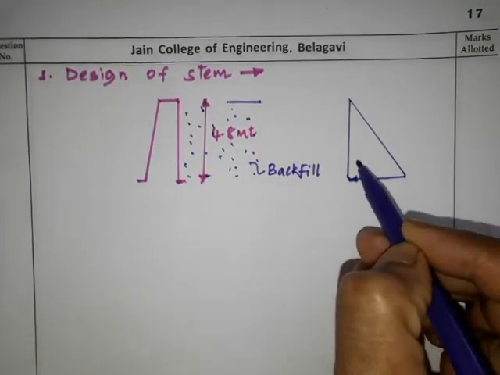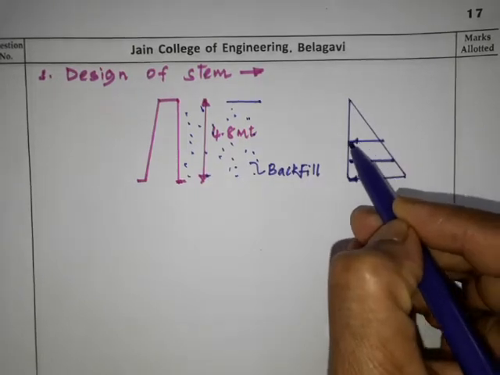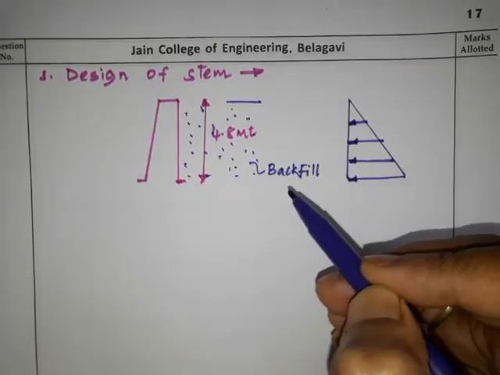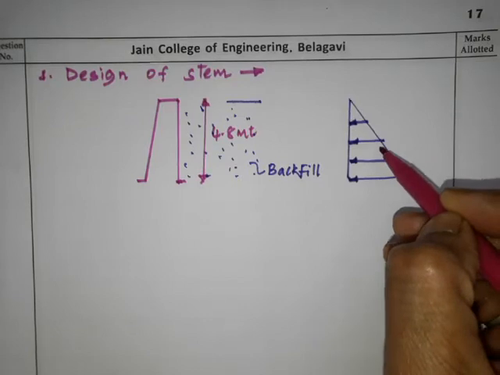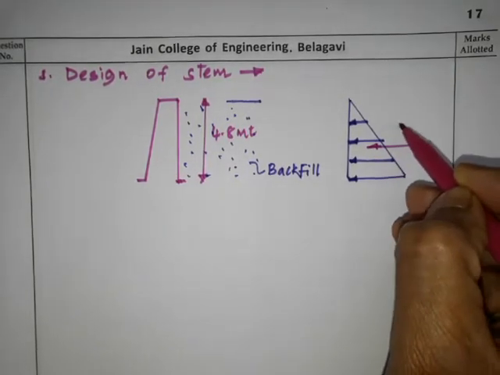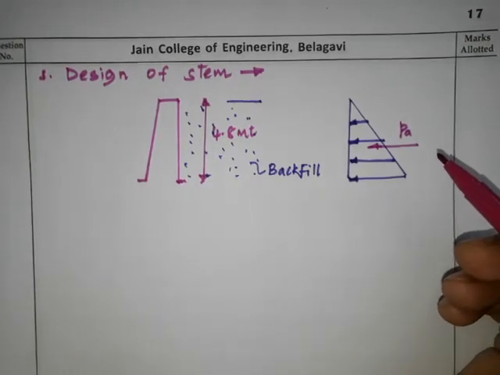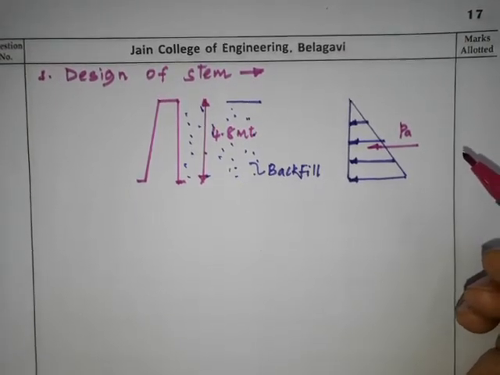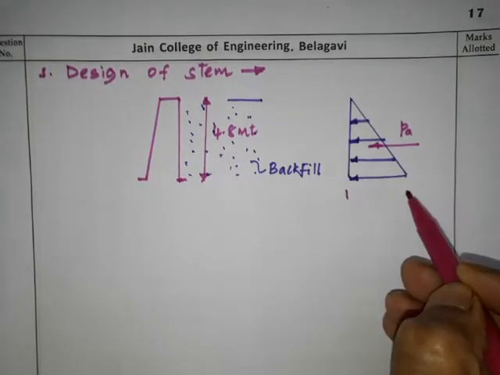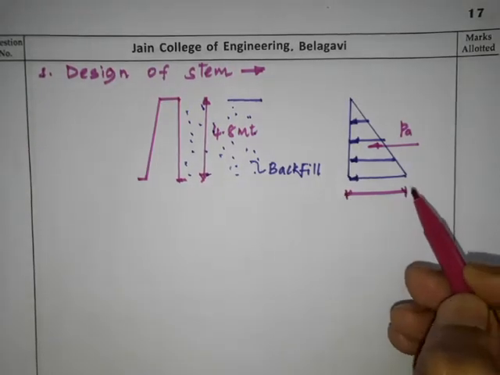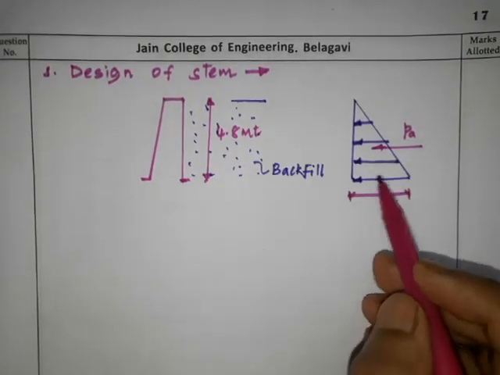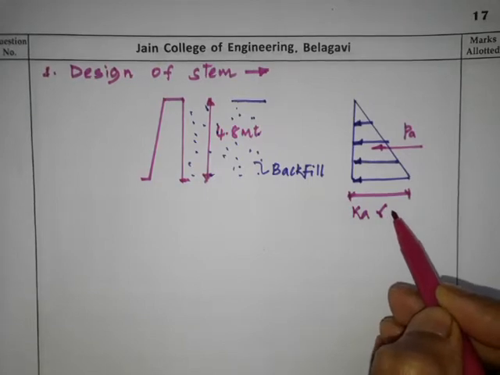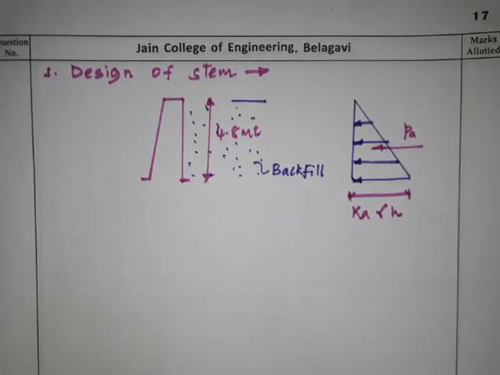This is PA, the active earth pressure, and the intensity of active earth pressure at the base, because it is a dry soil, will be K into gamma into H. Understood? K into gamma into H.